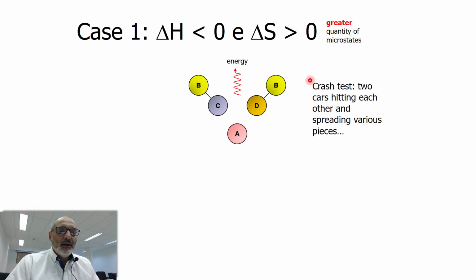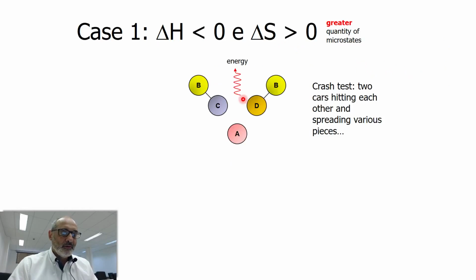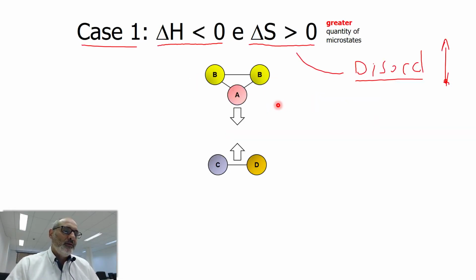You can imagine those crash tests you do with cars. Those are two cars bumping into each other, and now you have parts of cars moving around, but the fact here is that you have more parts after the shock than you have before.